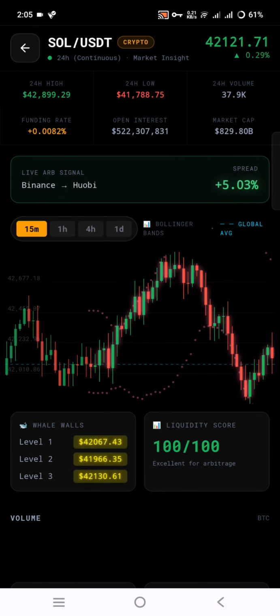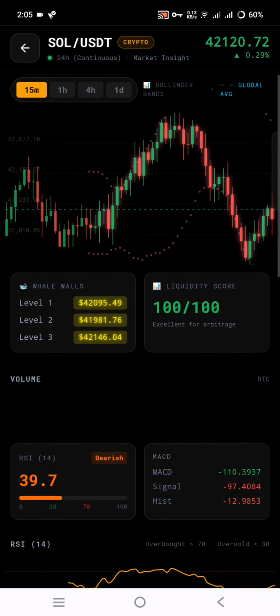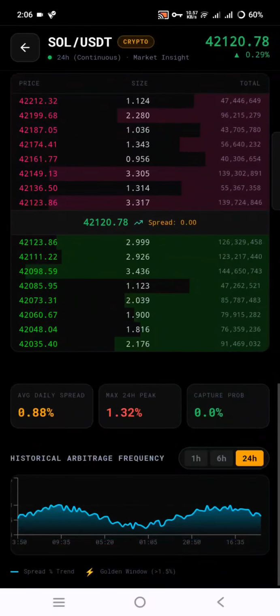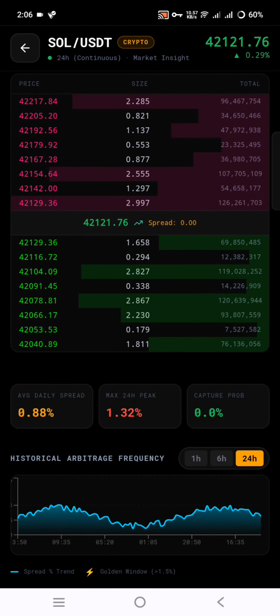You can scroll here. We have all the charts here. It will give you more information about that particular coin, maybe that is on the live feed. When you scroll down on this chart, you get to see the historical arbitrage frequency.